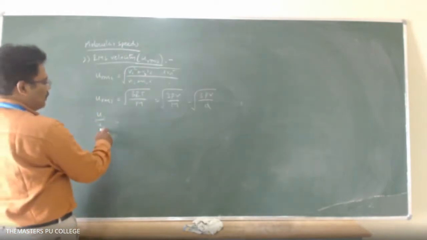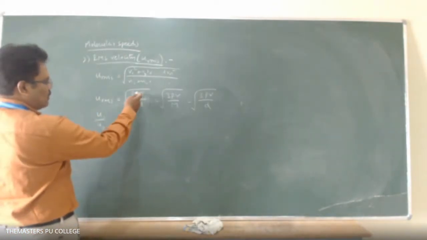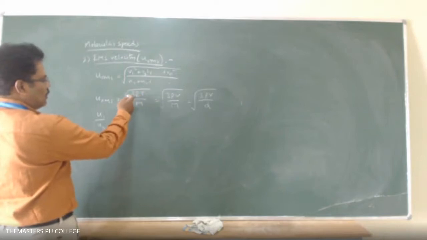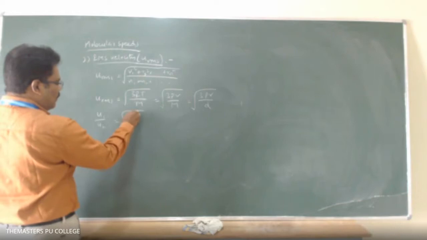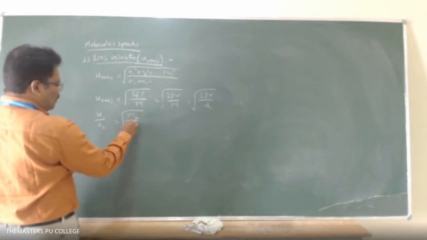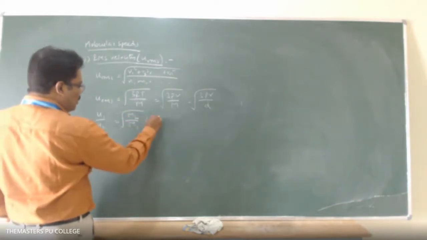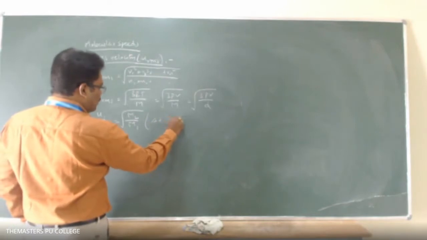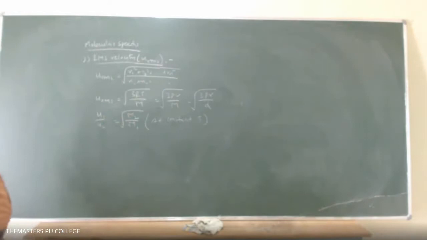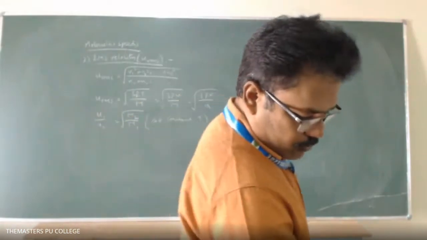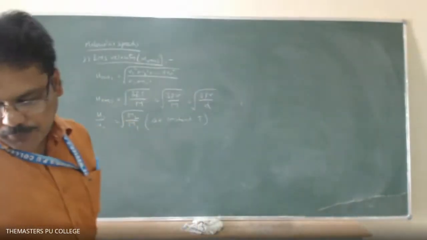R is constant, 3 is constant, so it is inversely proportional to root m. So it will depend upon the molecular weights, root of m2 by m1, at constant temperature. So like this, you have to derive the formulas.